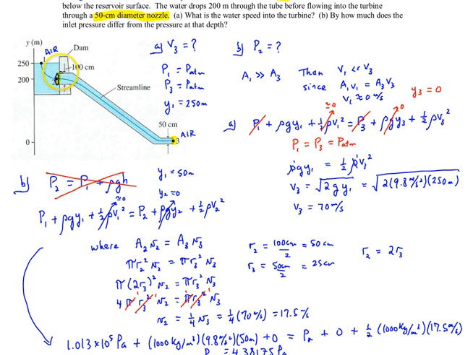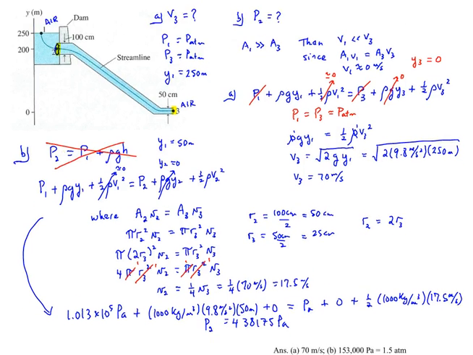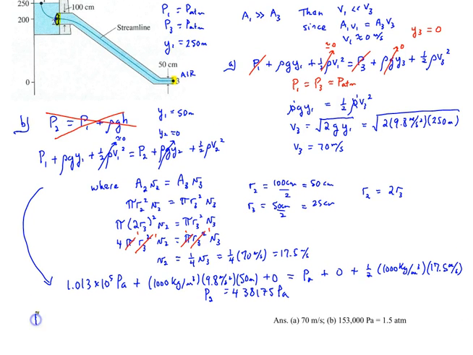So let's compare that. Let's find that pressure. If this were closed, what would pressure 2 read? And then take the difference between those two values. So pressure 2, if it was static, would be pressure 1, which is the atmospheric pressure, plus rho g h.